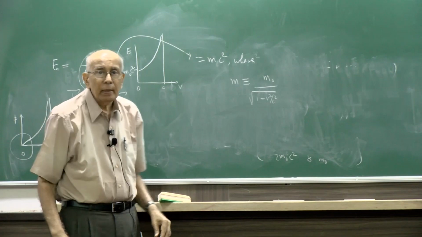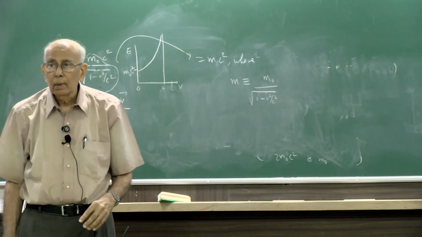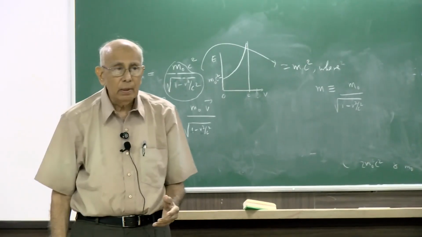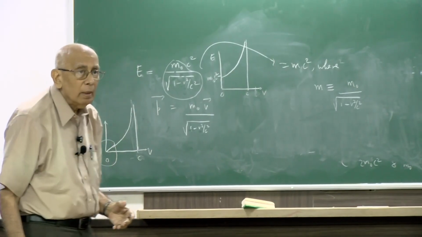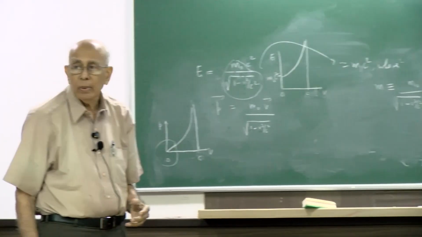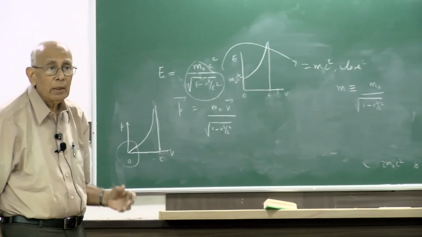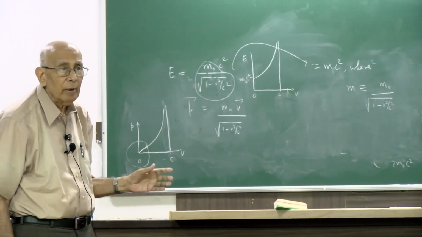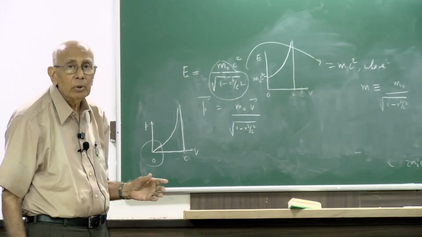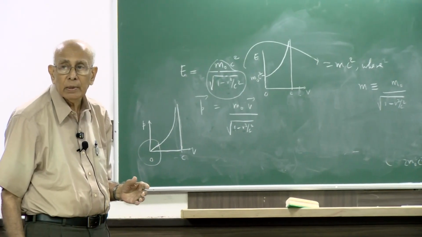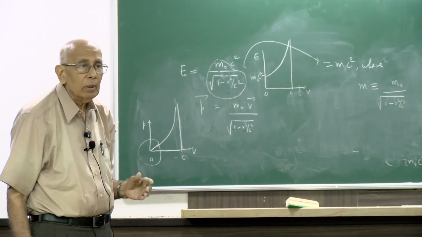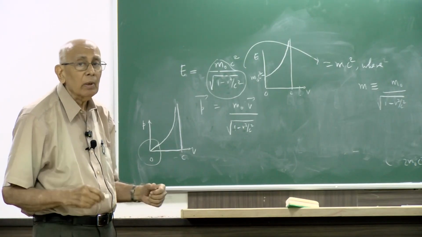So you call m the kinetic mass because it depends on the velocity. And then that explains the formula E equal to mc squared. But you agree that it's just an algebraic substitution, a definition of m. I see no virtue at all in defining a thing called the kinetic mass, because it gives students a wrong impression that mass increases with velocity.